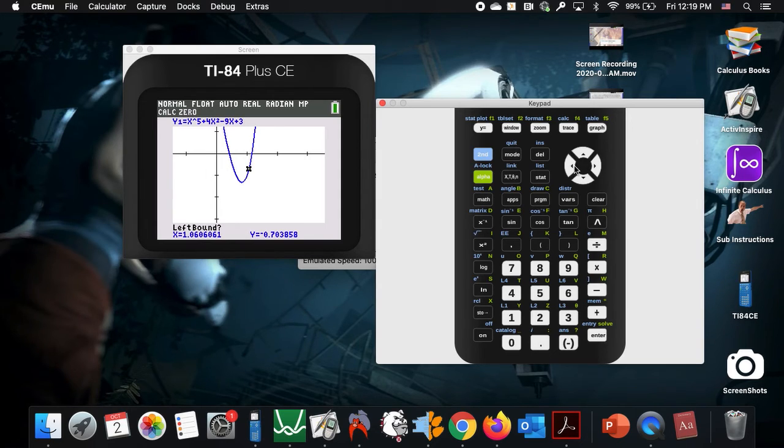It is left bound and right bound, but what is it doing? You're trying to find values where one of the y values is positive and one of the y values is negative. It's using that intermediate value theorem. I want one of them positive and one of them negative.